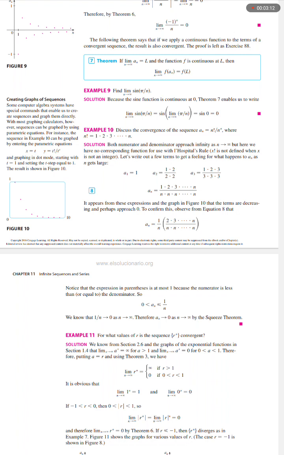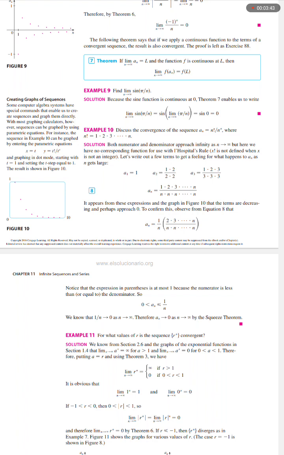Notice that the expression in parentheses is at most 1 because the numerator is less than or equal to the denominator. So a sub n is greater than 0, but less than or equal to 1 over n. We know that 1 over n approaches 0 as n approaches infinity. Therefore, a sub n approaches 0 as n approaches infinity by the squeeze theorem.